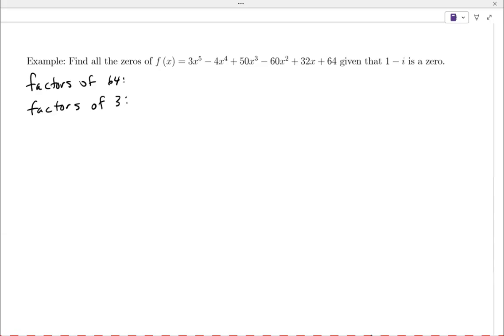For your possible rational zeros, you need factors of the constant, which is 64, factors of the leading coefficient, which is 3, and then make all those fractions, right? What are your factors of 64? 1 and 2, and 3 doesn't work, 4 does, and 8 does, right?